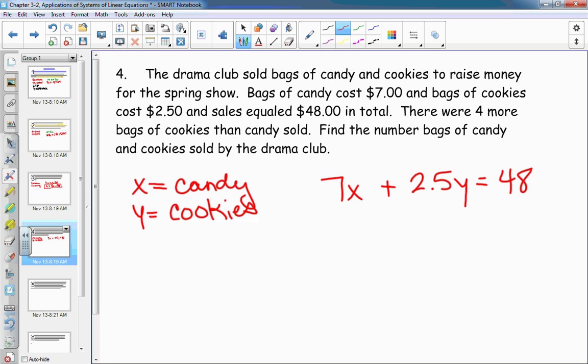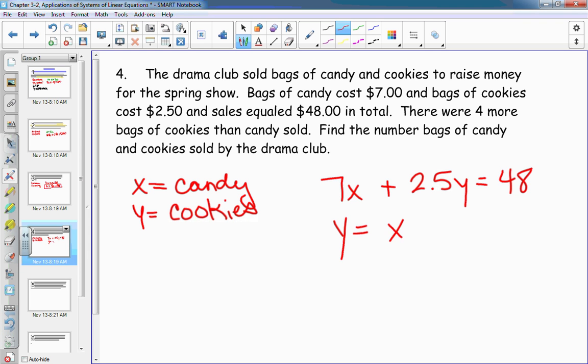Okay, so now there are 4 more bags of cookies than candy sold. There are 4 more bags of cookies. So I need to find my cookies, right? So what does my cookies represent here? So that means Y is equal to what? My candy. How much candy did I sell? Do I know? No, so how much candy did I sell?